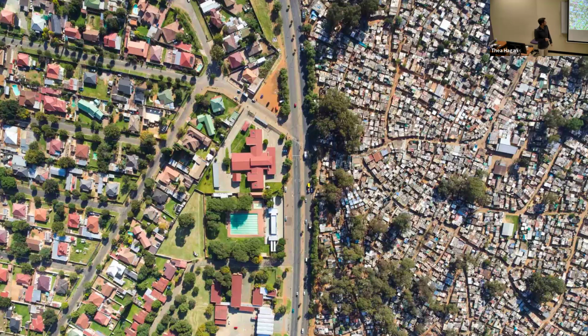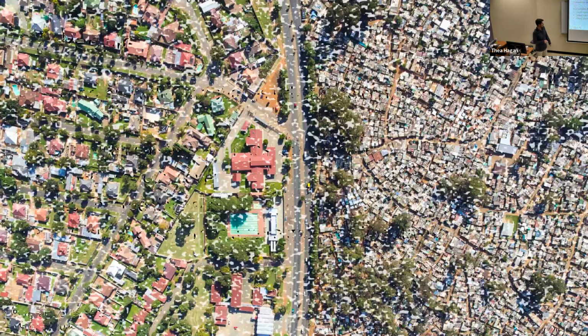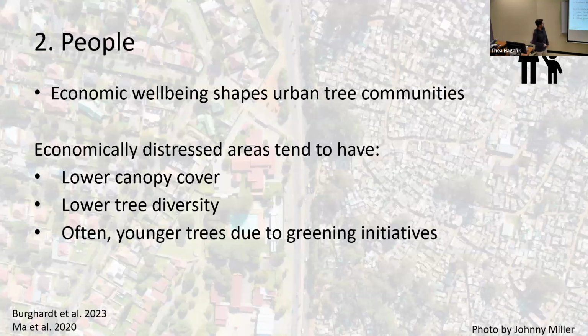Here's another aerial image. I think this is a series of images from a photographer that are really fascinating, that I encourage you to look up, by Johnny Miller. So we know that economic well-being shapes urban communities and urban plant communities in particular.